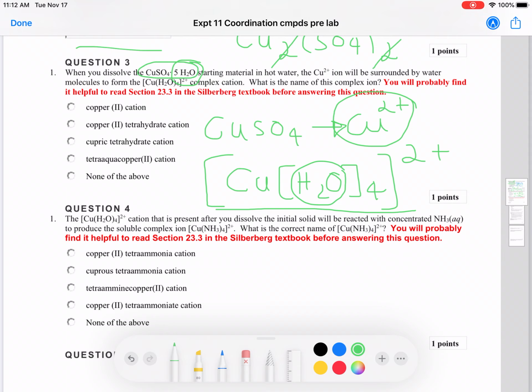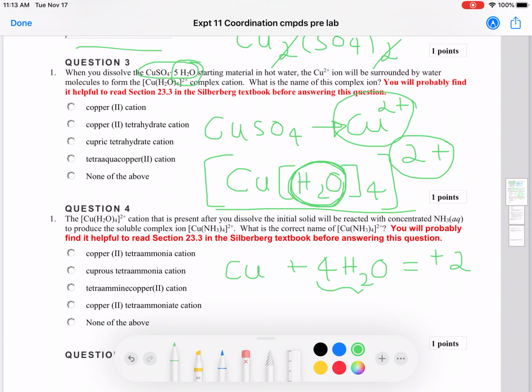And then the charge of the copper ion also we need to mention. Since the water molecule is neutral, when you add up the charge of the copper plus the 4 water molecules, the total charge should be equal to the charge of the cation, which is plus 2.